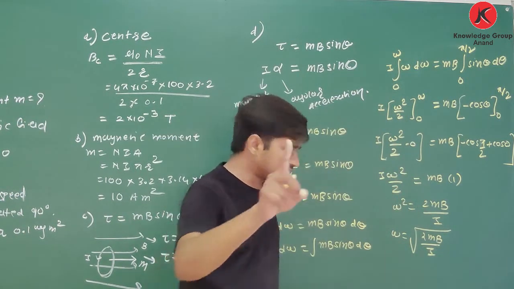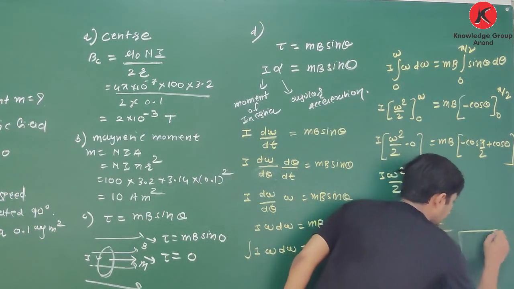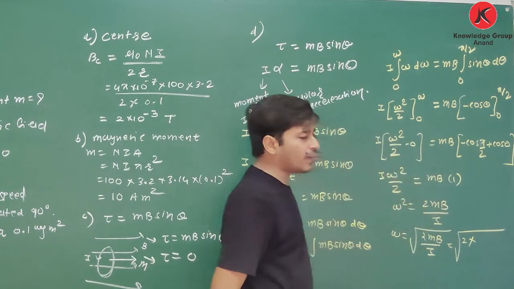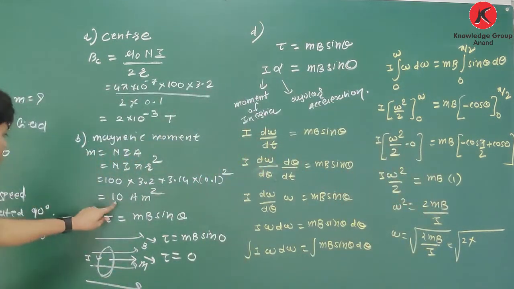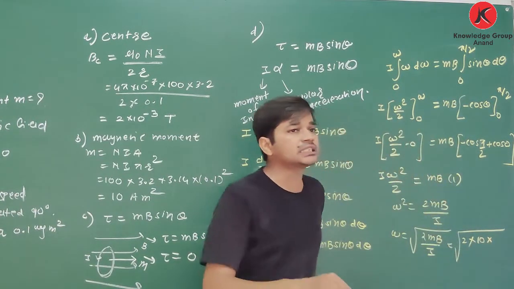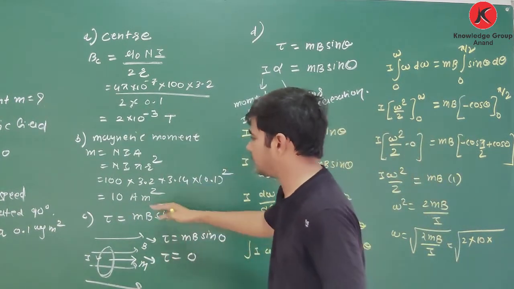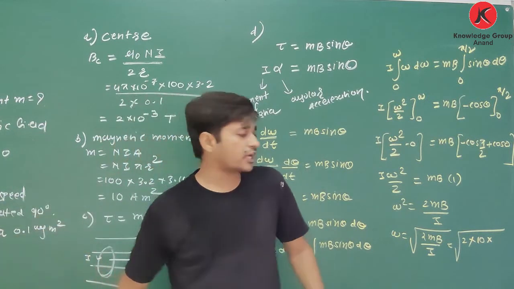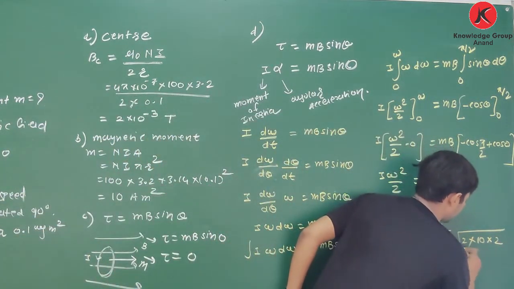Now the values. It is under root 2 times M, the magnetic moment, which from equation number 8 is 10. B, the external magnetic field, is given as 2 Tesla.